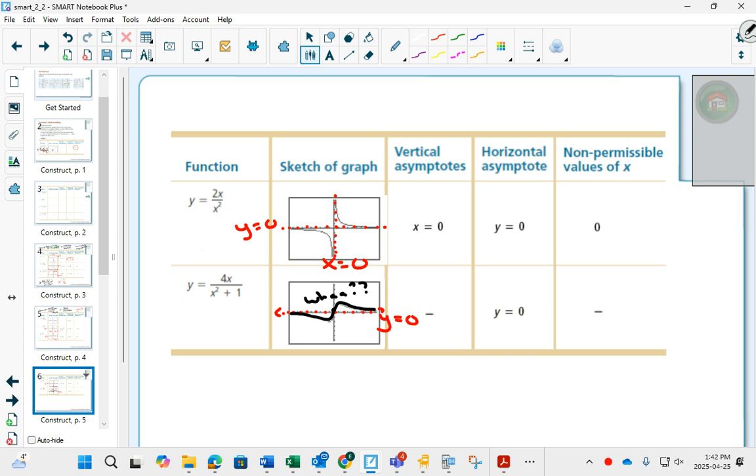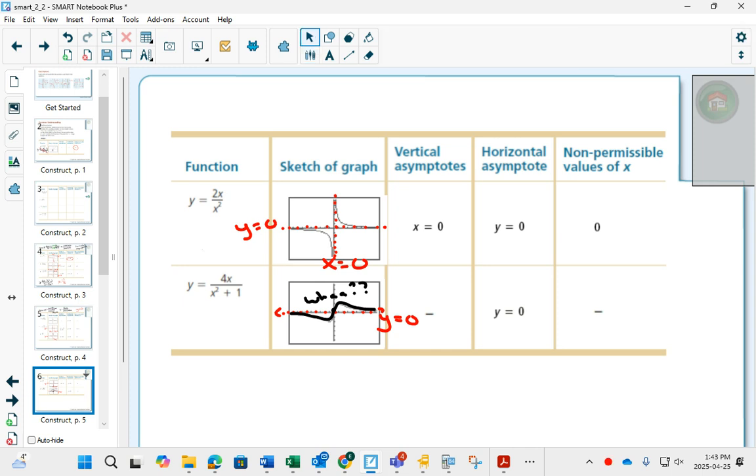That bothers you a little bit because you're probably used to vertical asymptotes being non-permissible values. Horizontal asymptotes tell you what happens at extremes. But in the middle, like in this one, the graph went through the horizontal asymptote. So that feels a little bit weird.